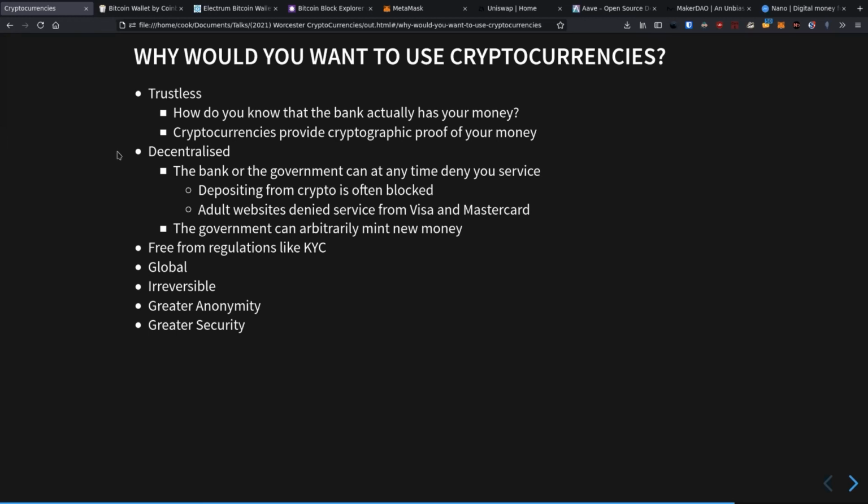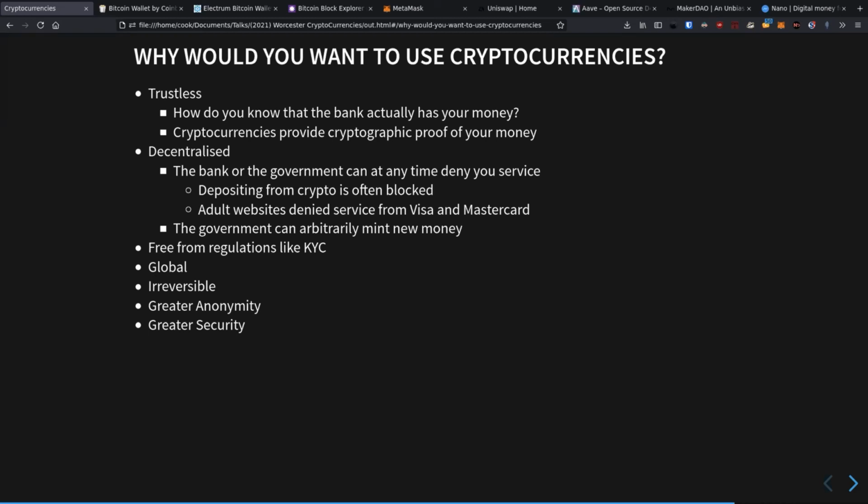They're decentralized, so there's no chance that anybody can deny you service from using a cryptocurrency. Unlike banks, because the bank or the government could at any time deny you service from your money, if, for example, there were tax reasons or anti-money laundering reasons or anything like that. And there are examples with this.